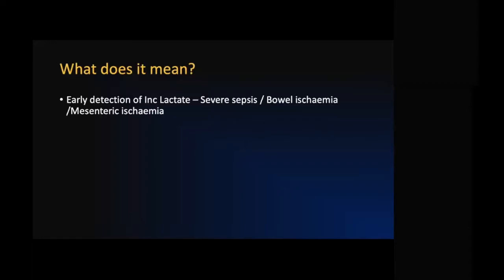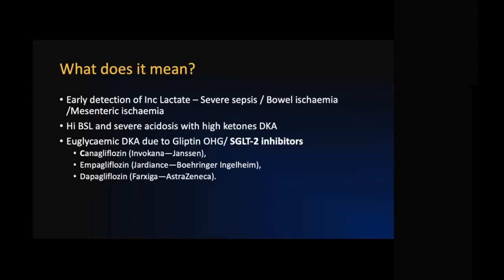Early detection of lactate, severe sepsis, bowel ischemia, mesenteric ischemia, like the patient who's in atrial fibrillation and has got severe abdominal pain. When you feel the belly, it is soft, but the pain is completely out of proportion to the examination findings. That's the classic tip. High BSL and severe acidosis means DKA.